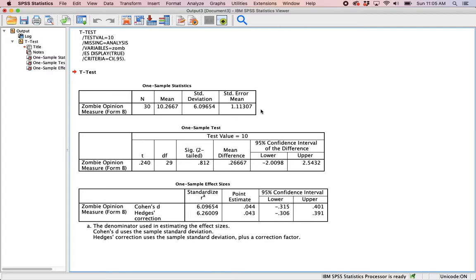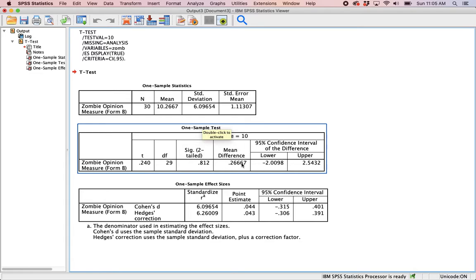Now, what we actually do, this is a one sample t-test, is we calculate a t-test and we come up with a t-statistic, which you'll see right here. So our t-statistic is 0.24. We get that t-statistic by dividing the mean difference that we actually observed between 10.266 and 10. So the difference is 0.2667.